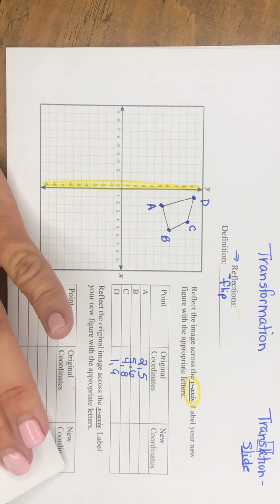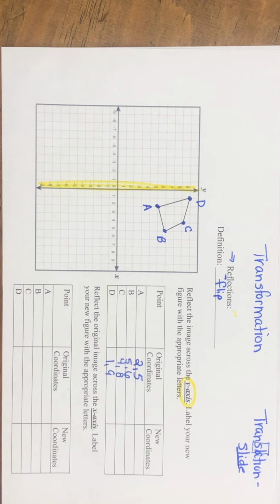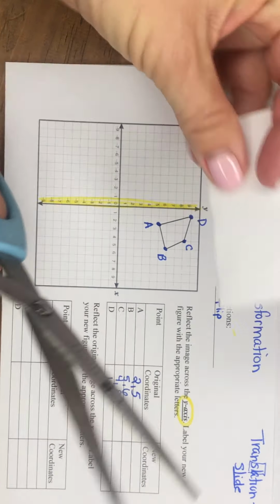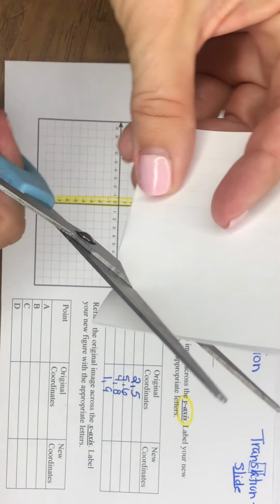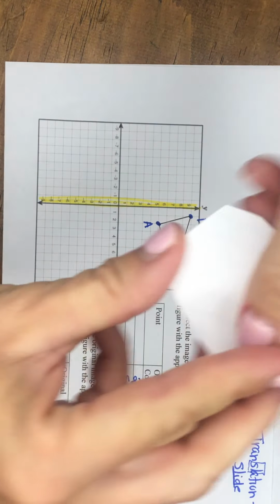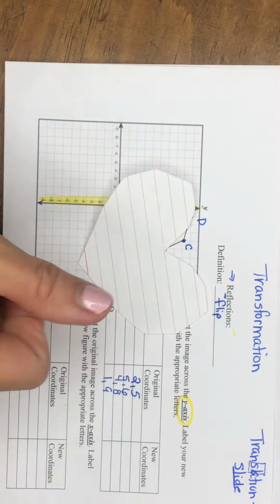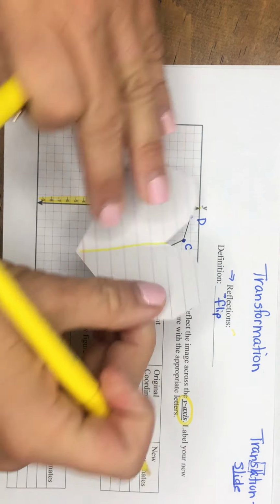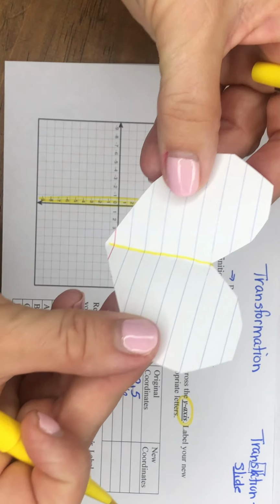Let me see if I have some scissors to make you guys a heart. Okay, so I'm going to go ahead and cut this. So if I wanted to cut this like this, the middle of this would be my reflection line, this fold right here, okay?